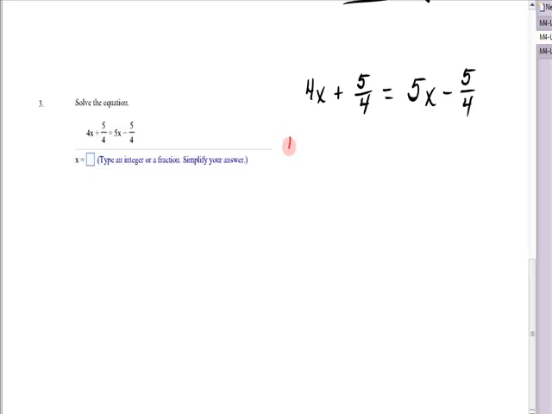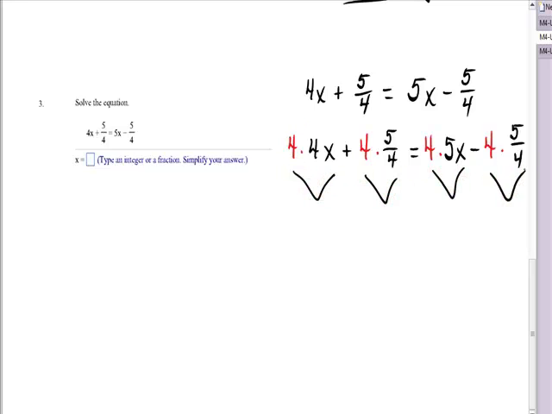And so that means I've got 4 times 4x plus 4 times 5 over 4 equals 4 times 5x minus 4 times 5 over 4. So I've got 1, 2, 3, 4 products to simplify.